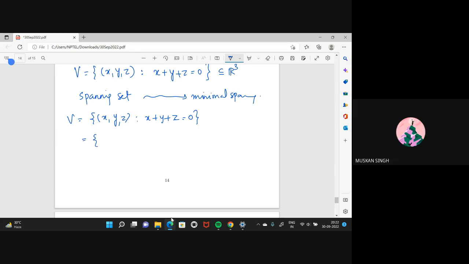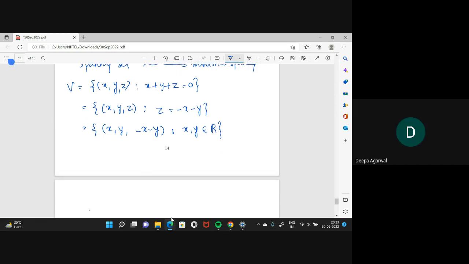We need 2, right? Yes, ma'am. So shall we put z is equal to minus x minus y? So we can express z as minus x minus y. So it becomes x comma y comma minus x minus y, where x and y can be anything, right?